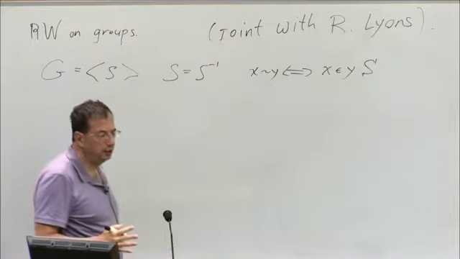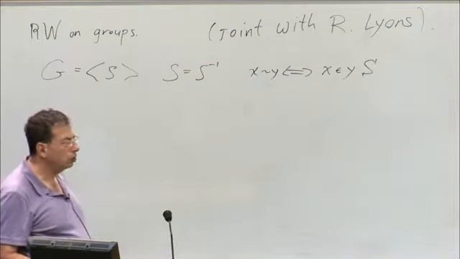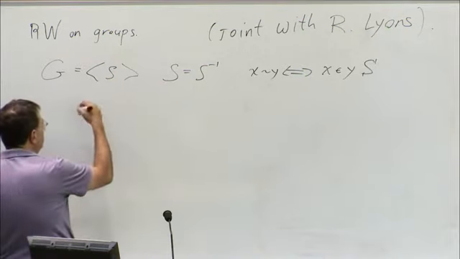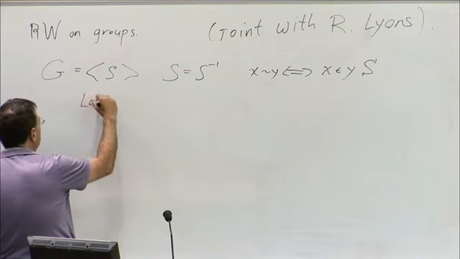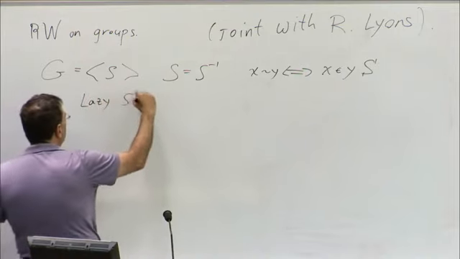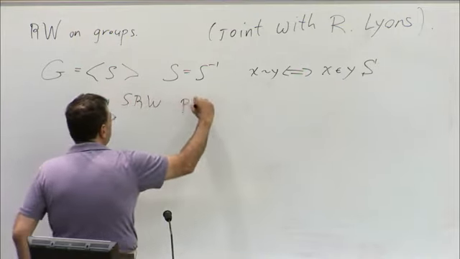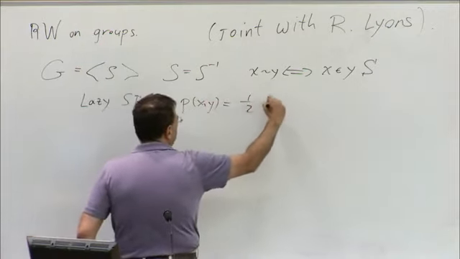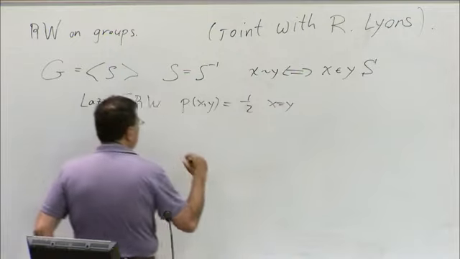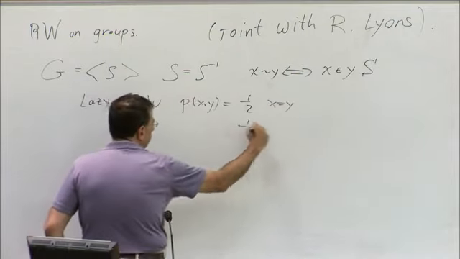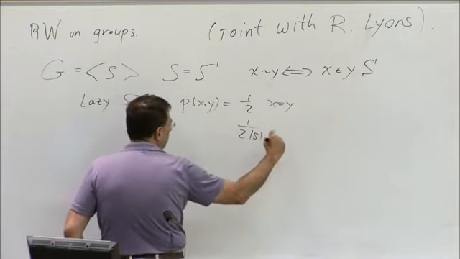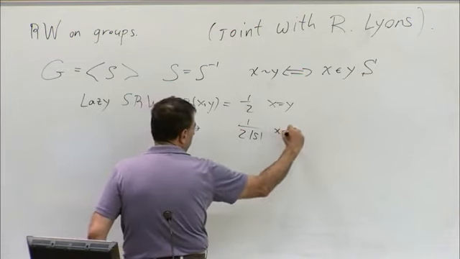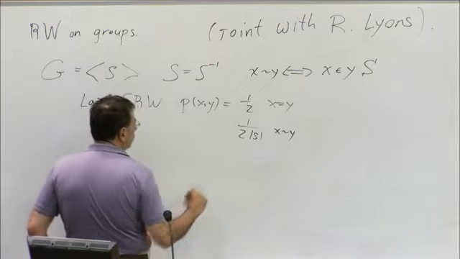We'll be interested in the simple random walk on this Cayley graph, and it's often convenient to avoid periodicity issues and talk about the lazy simple random walk, where P(x,y) is one half if x equals y, and 1 over twice the size of S if x is a neighbor of y, and 0 otherwise.